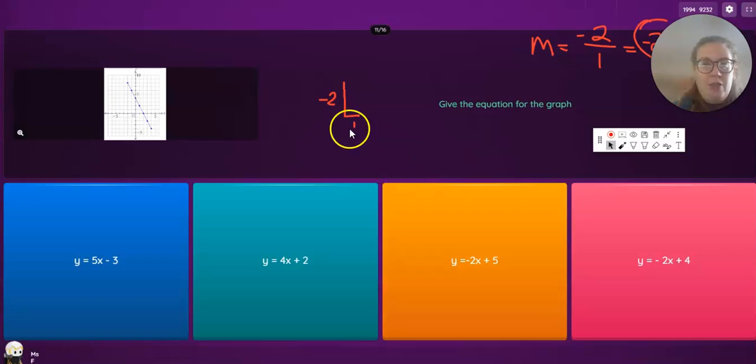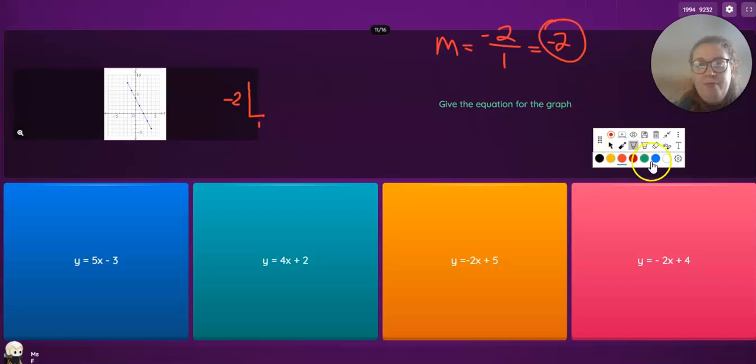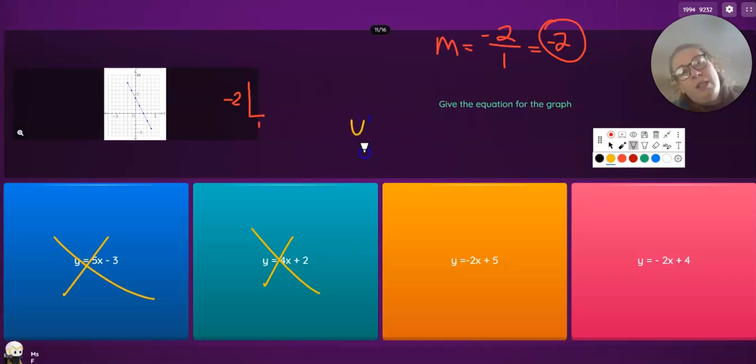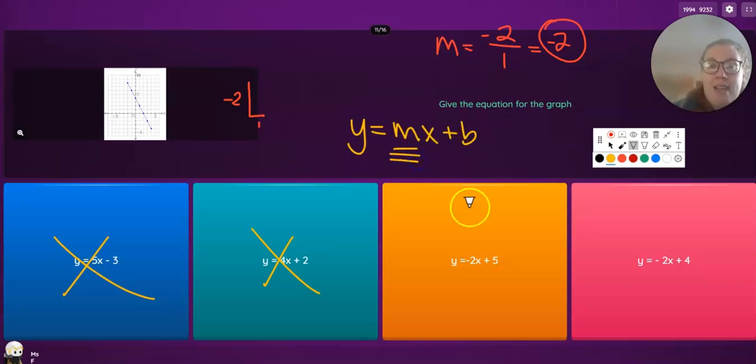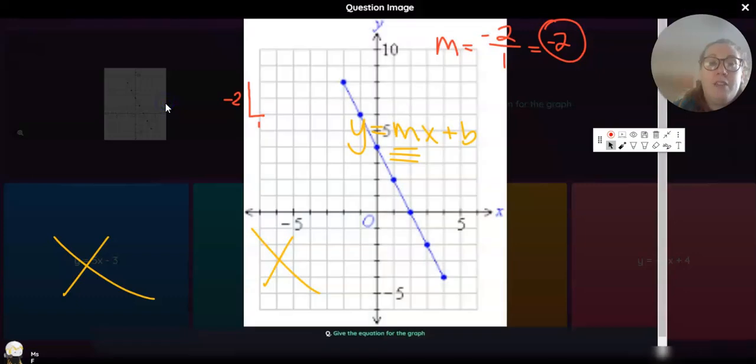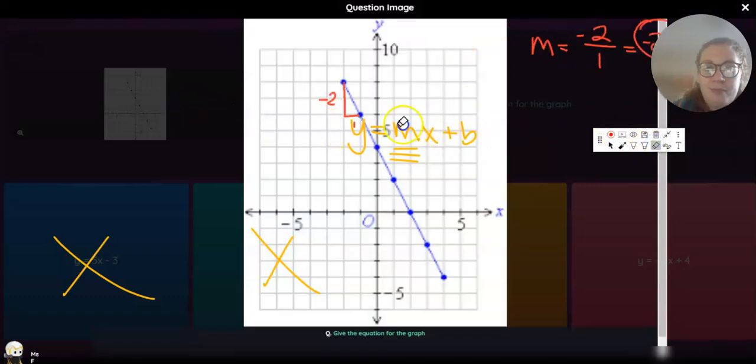Now let's just go back to our things here. So these lines are in slope-intercept form. So this intercept or slope-intercept form is y equals mx plus b. M is our slope, as always, which is in front of x. So these two have a slope of negative 2. So let's take a look at the graph and find the y-intercept.